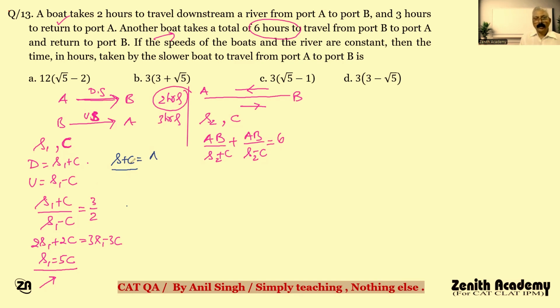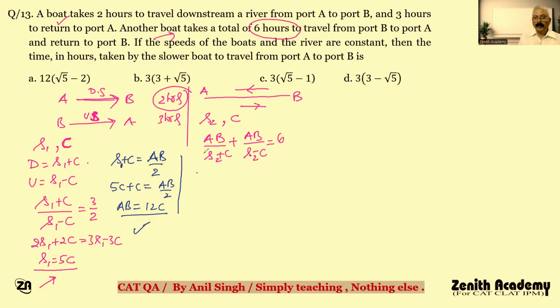So S1 plus C is AB upon time 2 hours. Now S1 is 5C, as we have just calculated, so 5C plus C is equal to AB by 2. So AB is equal to 12C. AB is equal to 12C. So put this value of AB in terms of C here.